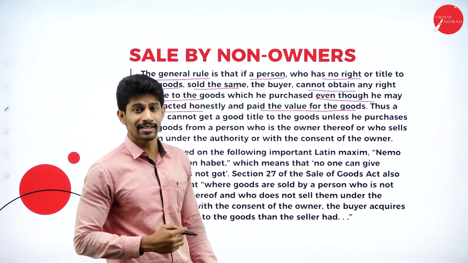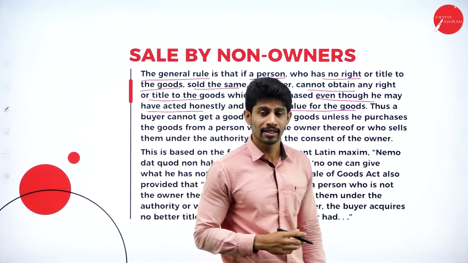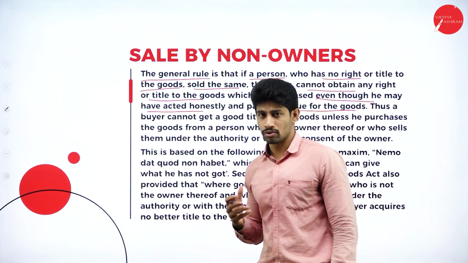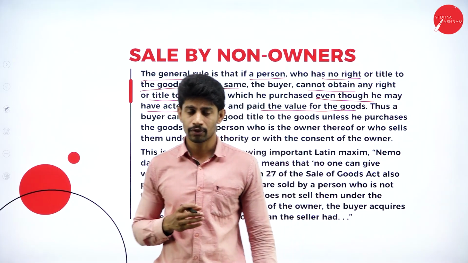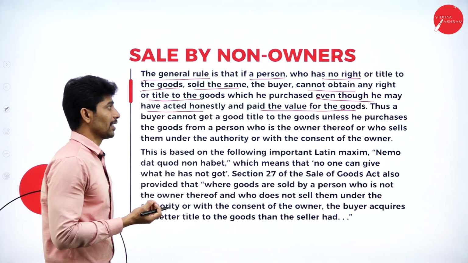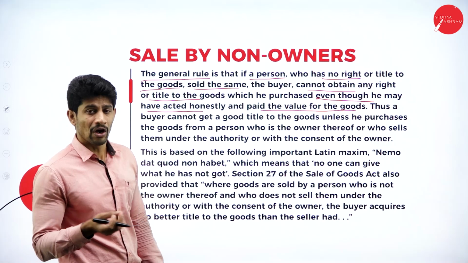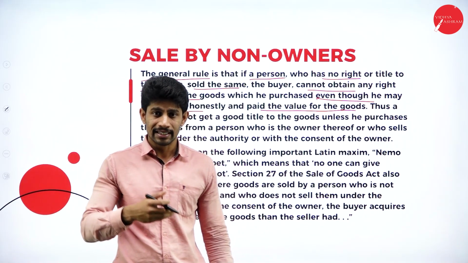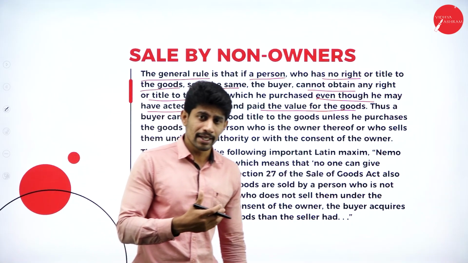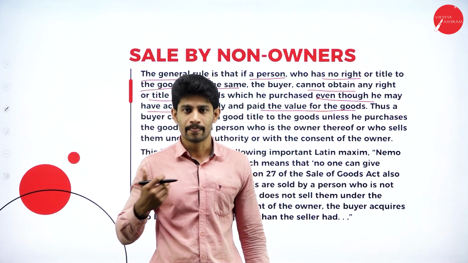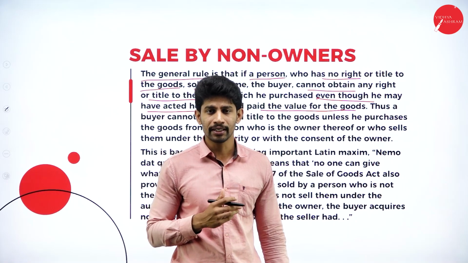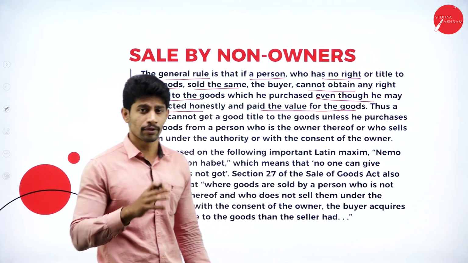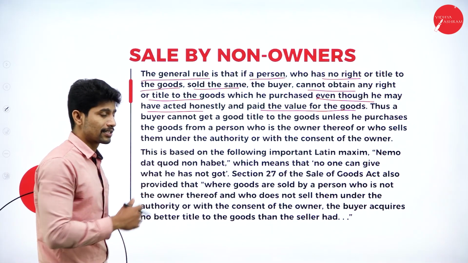What does the statement say? The statement says that if you are not the owner of the goods, then you will not have the right on the goods, or you are not entitled as the owner of the goods. In the same way, the buyer will not get the ownership even though he paid the proper value for the goods. So that is what the statement says.